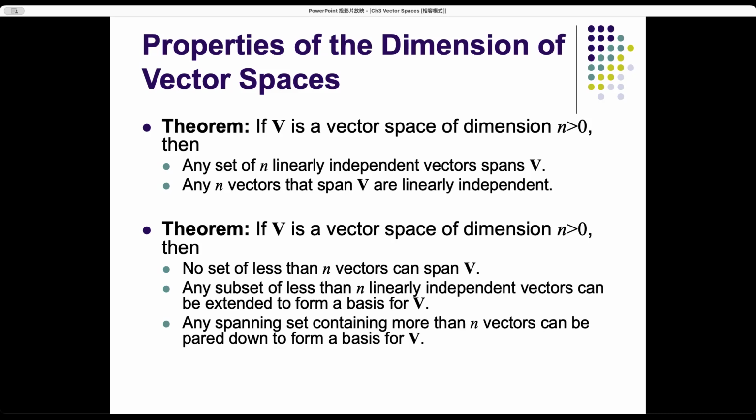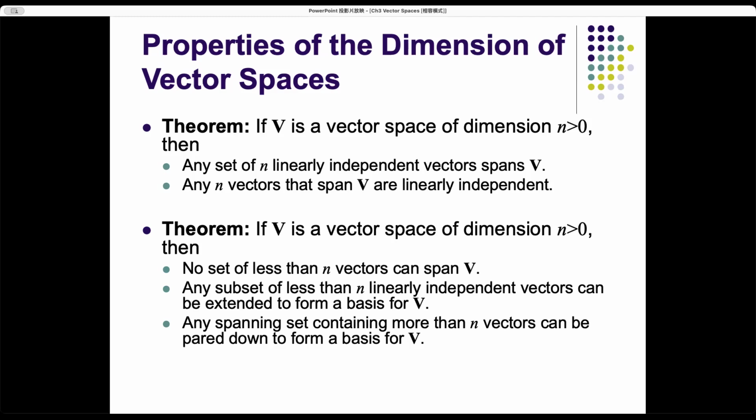So let's say a vector v to be that vector. Then we include this vector in this set, because this vector cannot be spanned by these vectors. So the original set plus this one additional vector must be linearly independent as well, right?